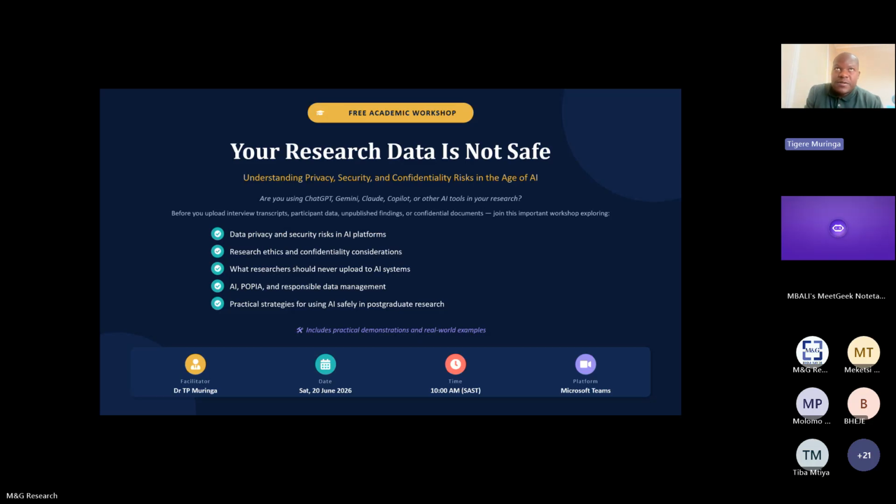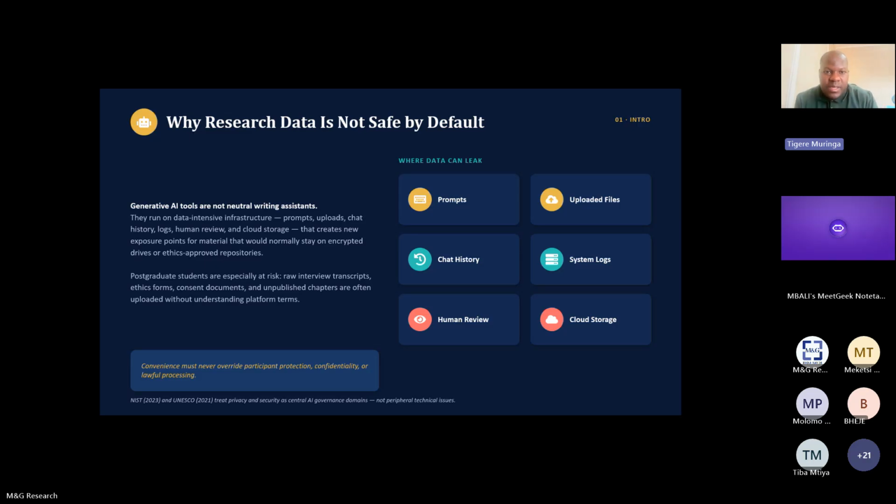So, now the first question that we need to ask ourselves is why research data is not safe when we're using AI platforms, right? Why do we say research data is not safe? Why is research data not safe by default in the age of AI?